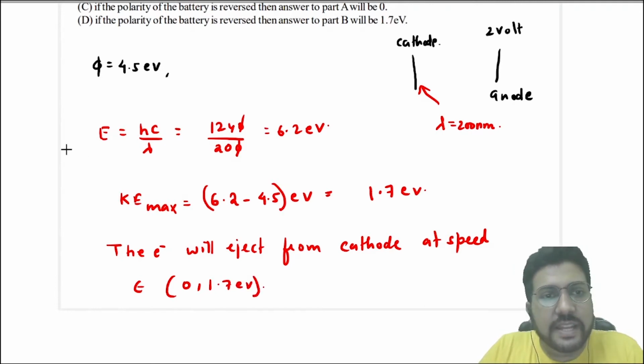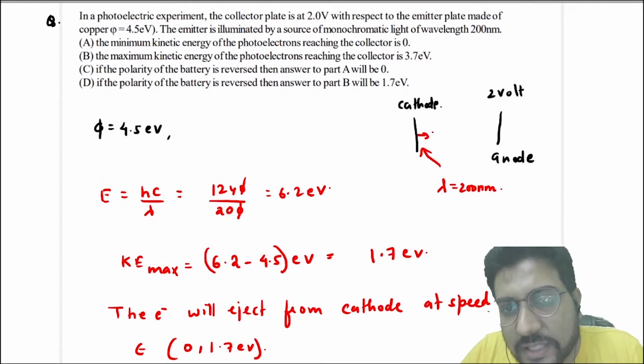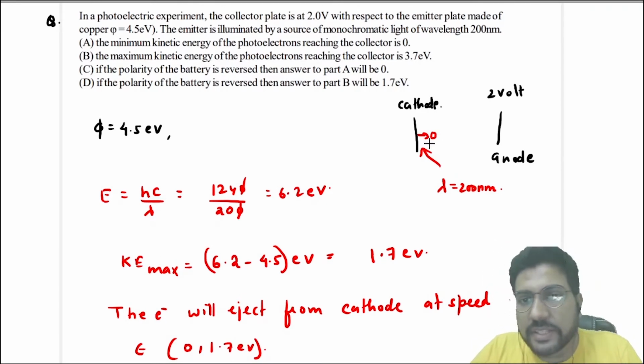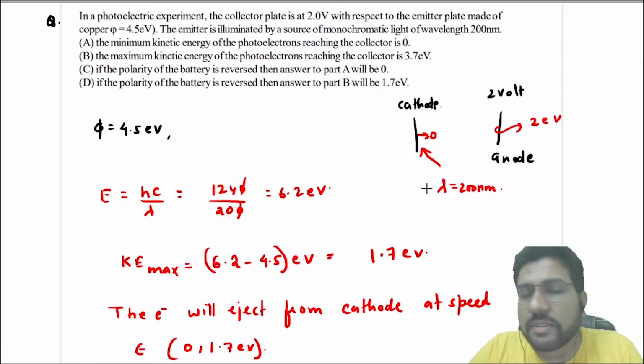If they are asking you the minimum kinetic energy, suppose the electron has come out with 0 energy. In that case, when this electron reaches this point, it will gain a kinetic energy of 2 electron volt.